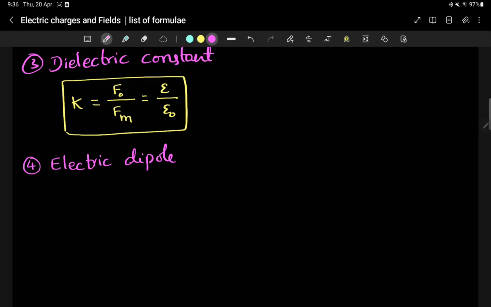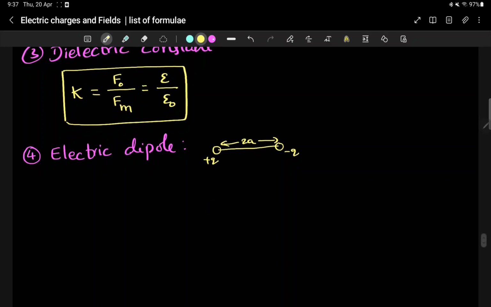See, an electric dipole is a pair of equal and opposite charges separated by a small distance. Let me draw the diagram for that. Here we have positive charge, here we have negative charge, plus q and minus q, separated by a small distance 2a.